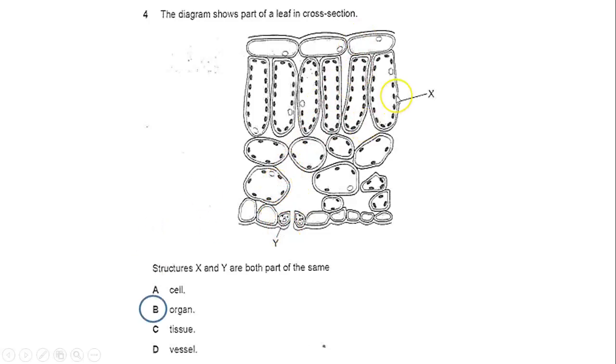Why didn't I say they belong to the same cell? Because these are different cells. They cannot belong to the same cell. And why didn't I say they belong to the same tissue? Because tissues are made of similar cells. These are not similar cells. And of course, they do not belong to the same vessel, because vessels are like xylem and phloem, and these are not xylem or phloem cells, right?